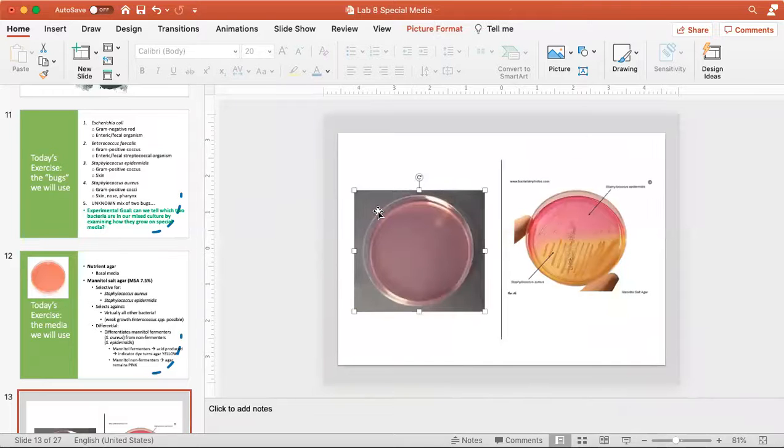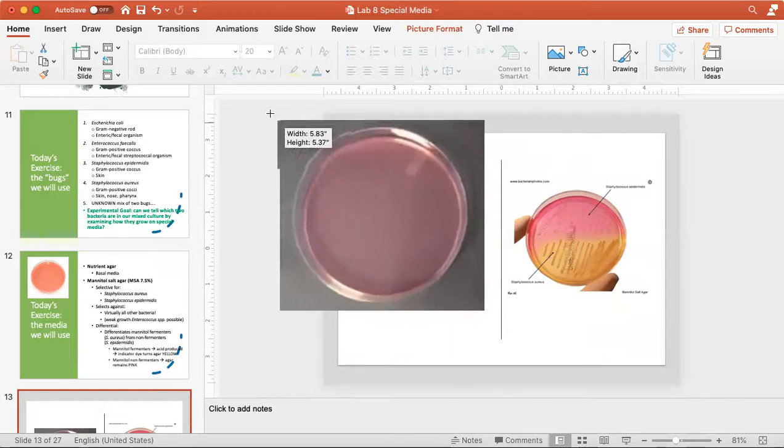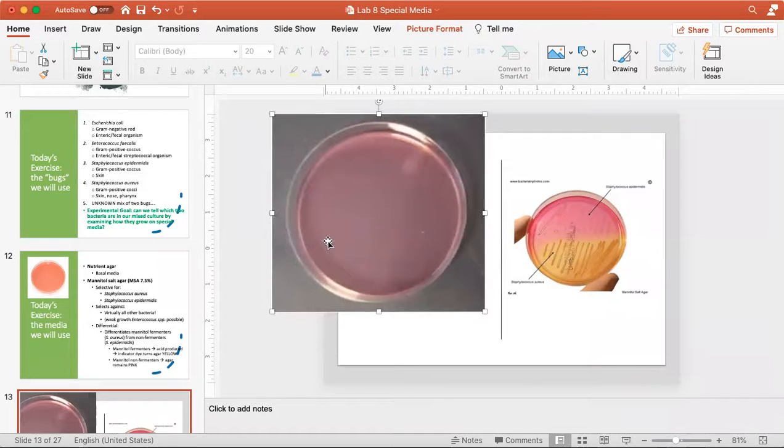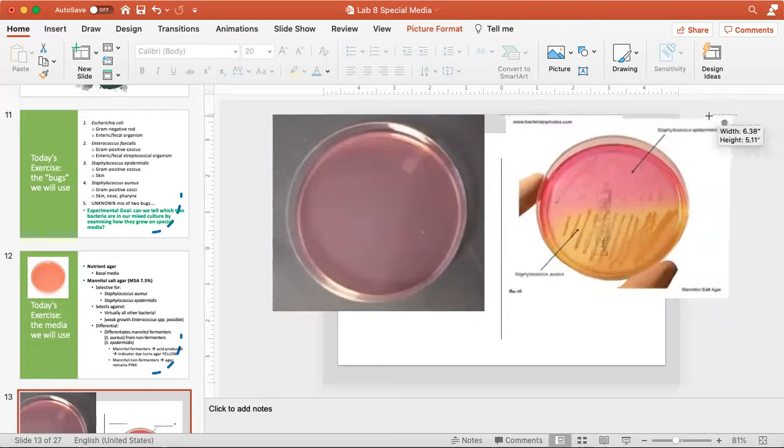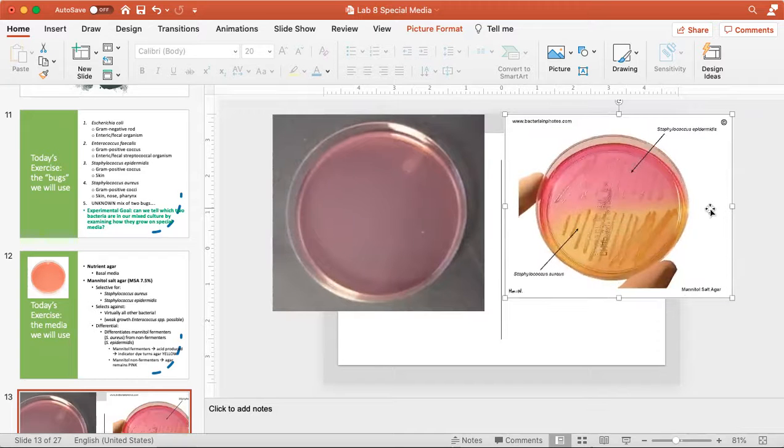On this slide, over on the left, you're looking at an MSA plate before it's inoculated. Again, sort of a pinkish red color to the agar. Over here on the right, we're looking at an MSA plate that was inoculated with two organisms. We took some Staph epidermidis and we streaked, you can see the streak lines right where I'm pointing to.